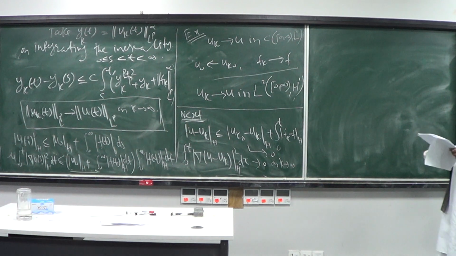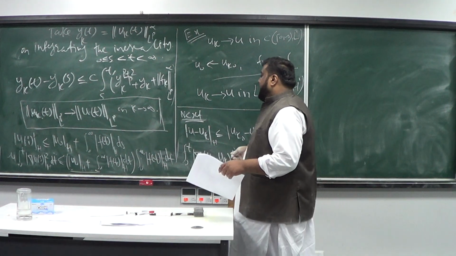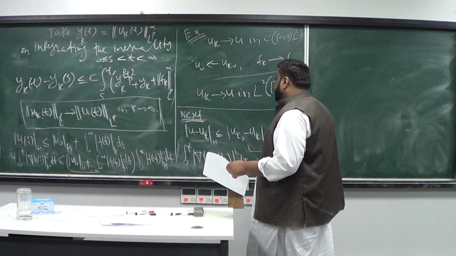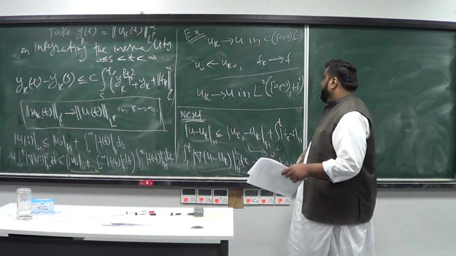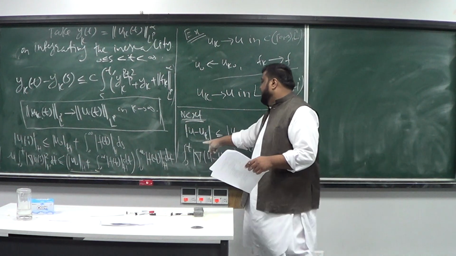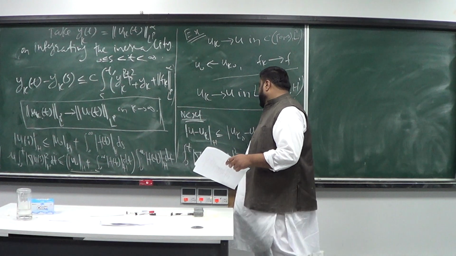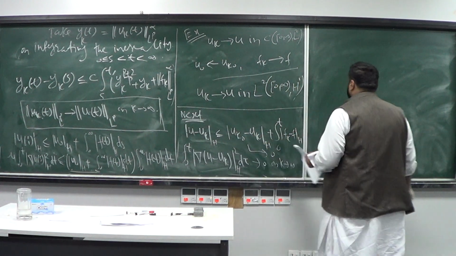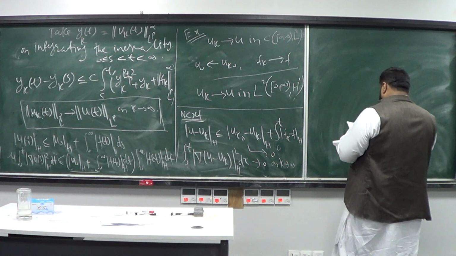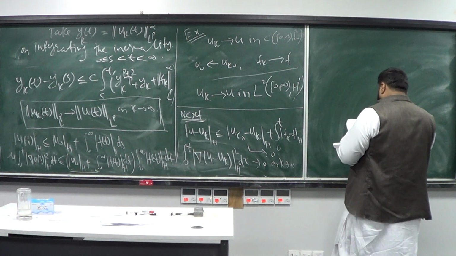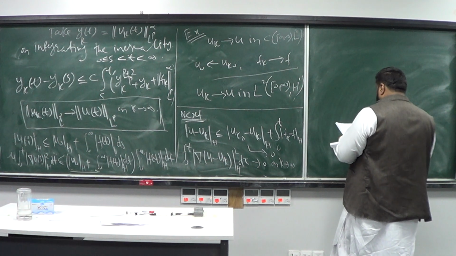Now, if these two are true, in other words, if uk minus u converges to 0 in H norm and the gradient of u minus uk, squared, in H norm also goes to 0, then what we can deduce, using the Gagliardo-Nirenberg inequality. Which version of Gagliardo-Nirenberg inequality?